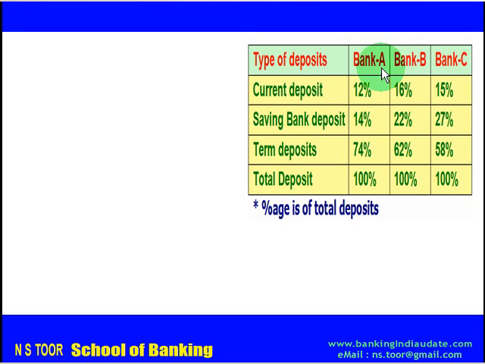So in this bank, current deposits are 12% of total deposits. Here these are 16%, here these are 15%. Saving bank deposit, here we have 14%. In this case it is 22%, in this case it is 27%. Term deposit here 74%, here it is 62%, and here it is 58%.